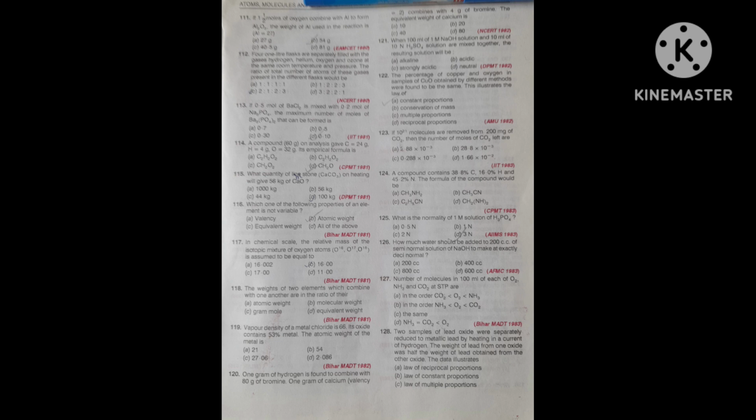Correct, which is in accordance with the law of multiple proportion. You can write 1/2:1, you can write 1:2 also. Which is in accordance with the law of multiple proportions.